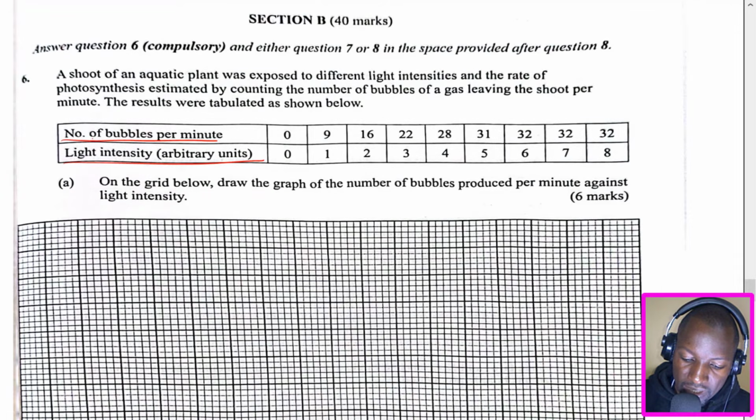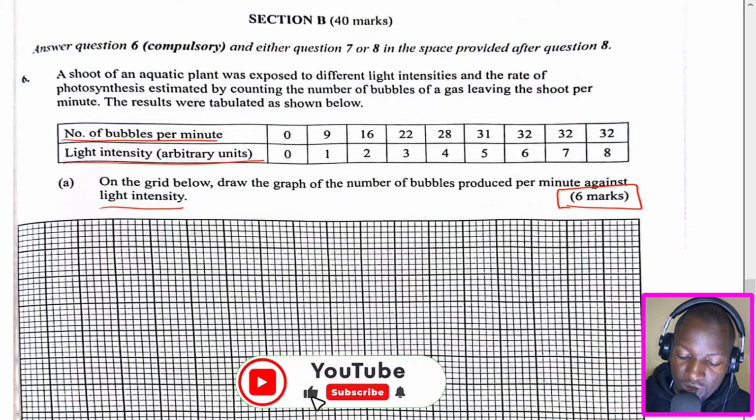Now, on the grid below, that's question A, draw the graph of the number of bubbles produced per minute against the light intensity. Total marks, 6 marks for plotting that graph.